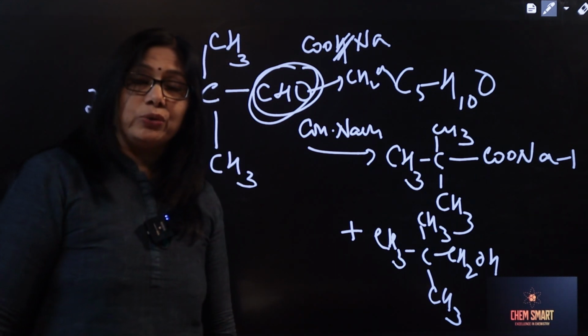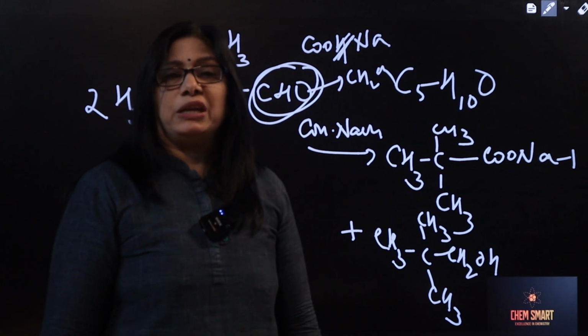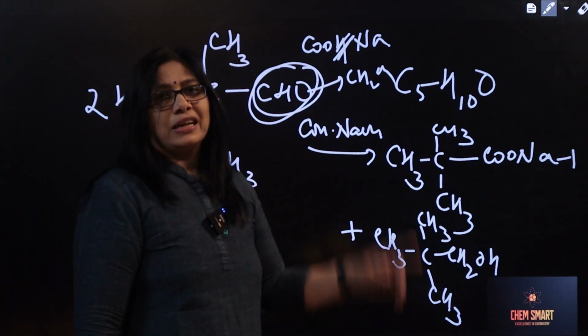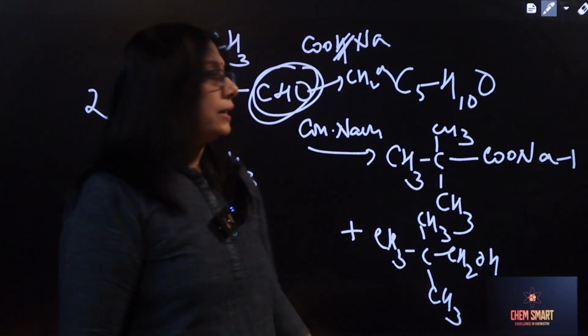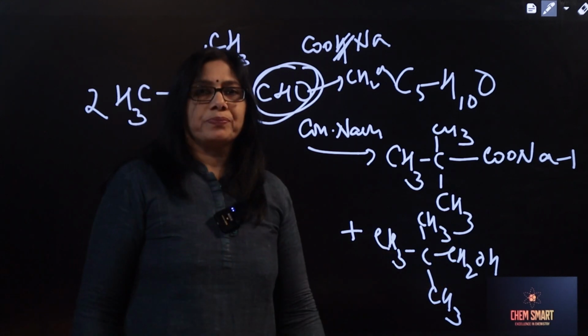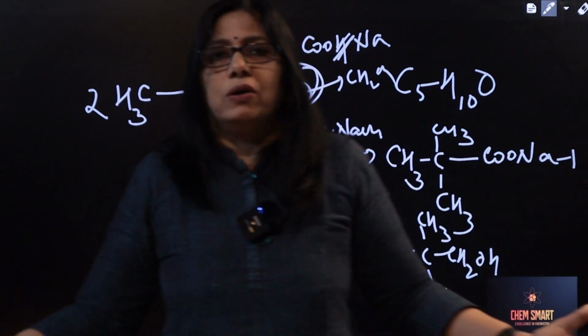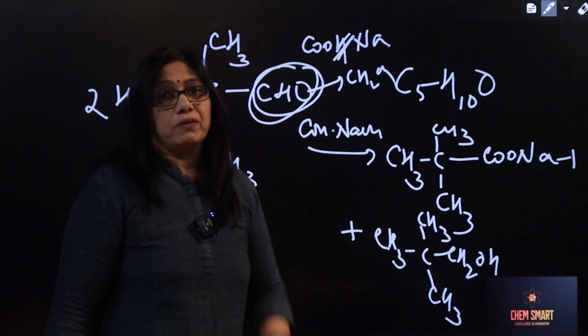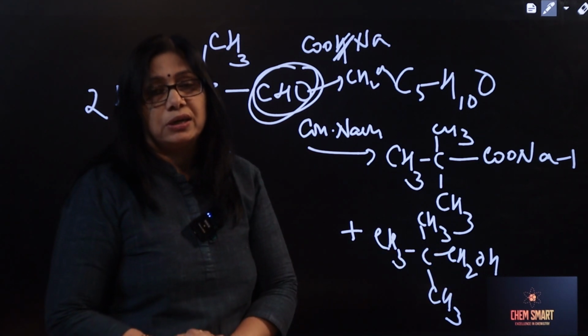And I would like to tell you that approximately 80% of the students make a mistake in this product, because they simply think that CHO will be replaced by OH. They think, oh, one is the sodium salt or potassium salt of the acid and one is the alcohol. Straight away they put OH here, which is wrong. Then you're removing one carbon atom, which is not the correct formula.